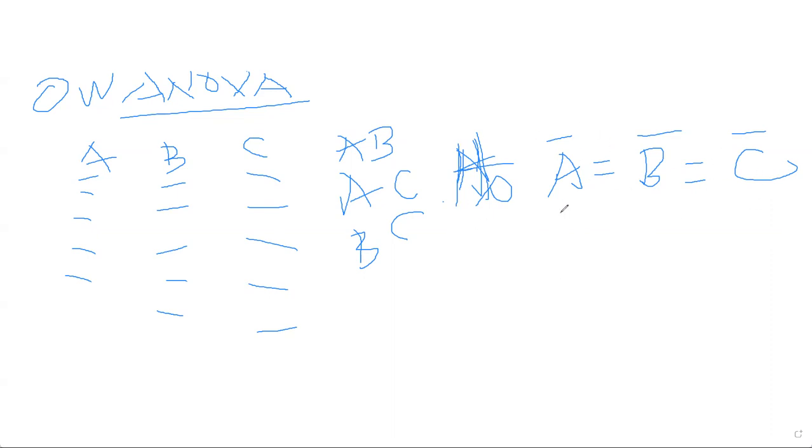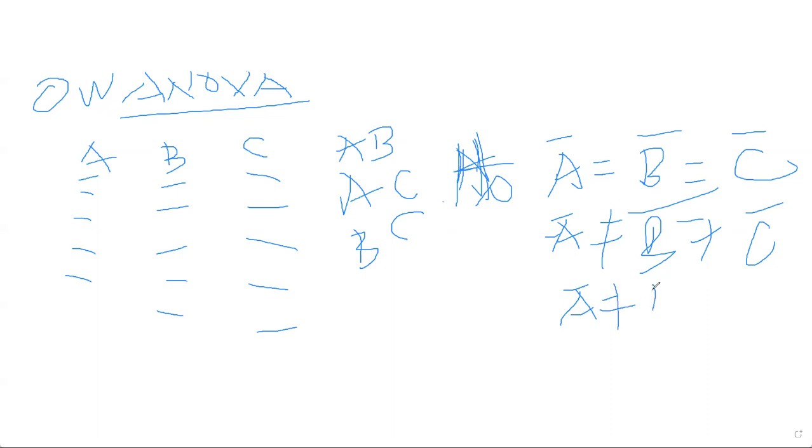So anything like A not equal to B not equal to C. That's one, and then another would be just one of the pairs being unequal. This is the alternative hypothesis here. Or A equals B, but the other one is not equal.